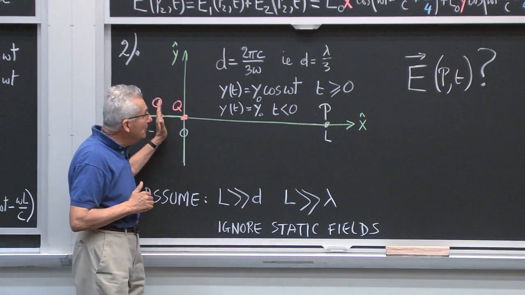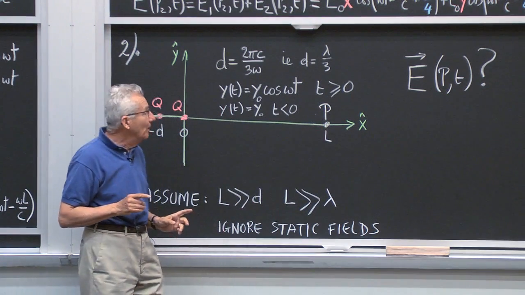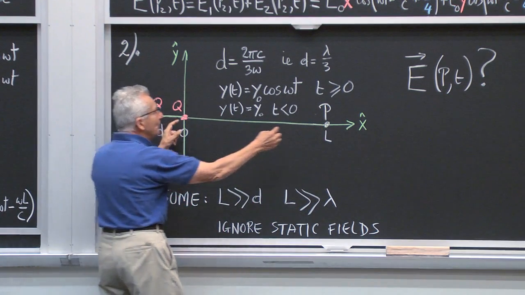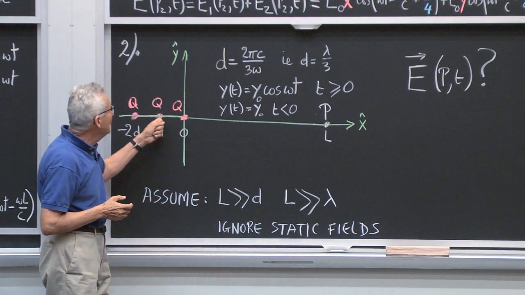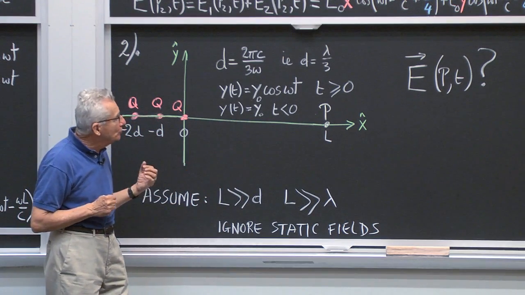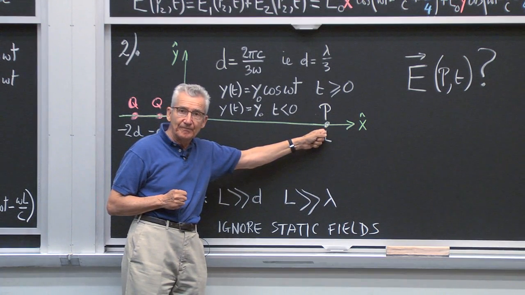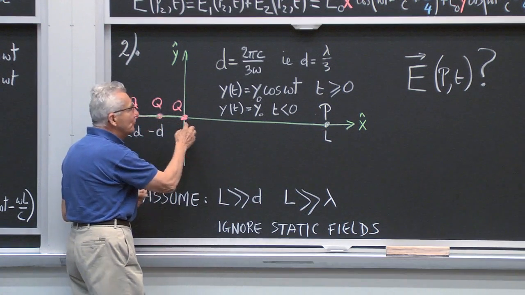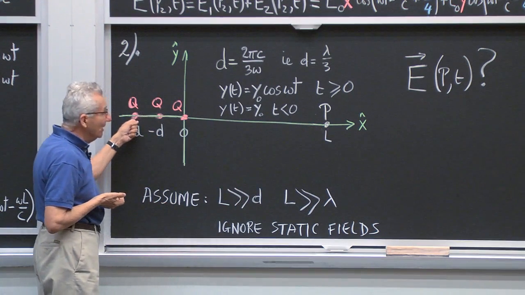So that will also produce a field over here. But since these two distances are different, the radiation from here will first of all get there a little later. But also, once it gets here, it will have a different phase, because the radiation traveled a different distance. And same for the last one.